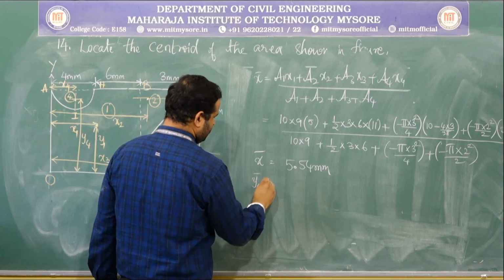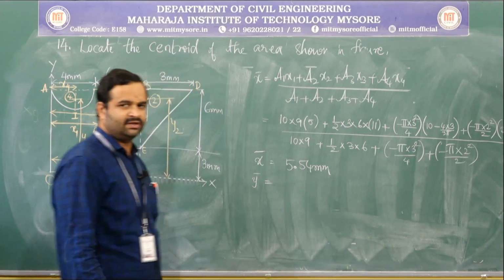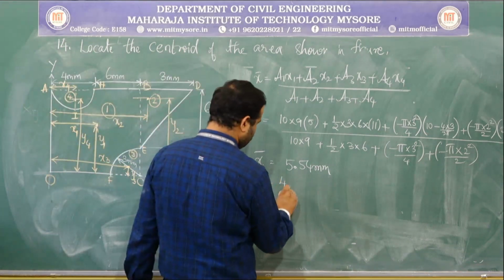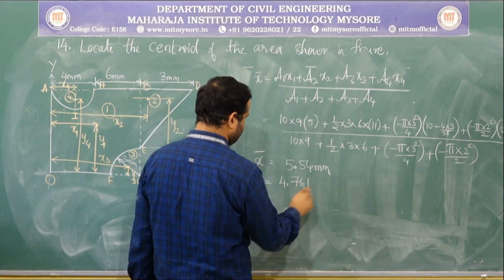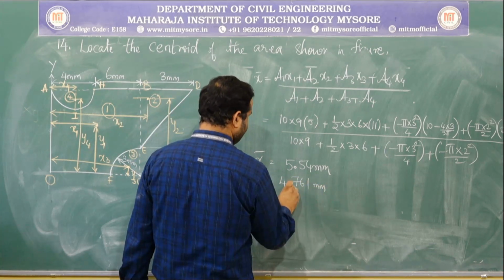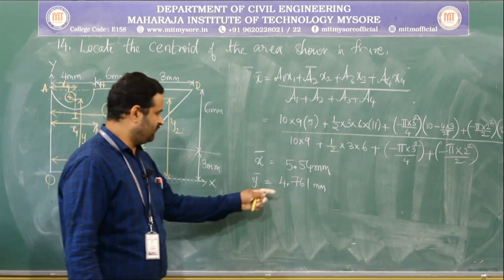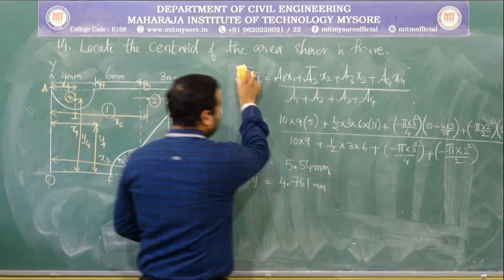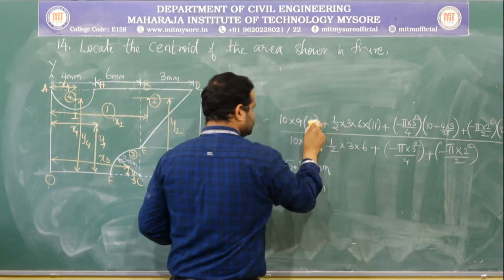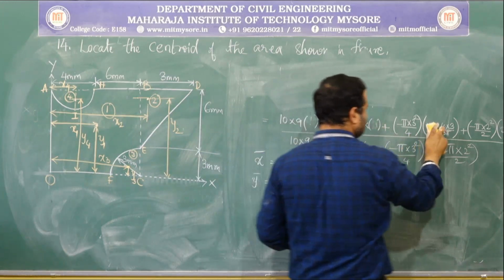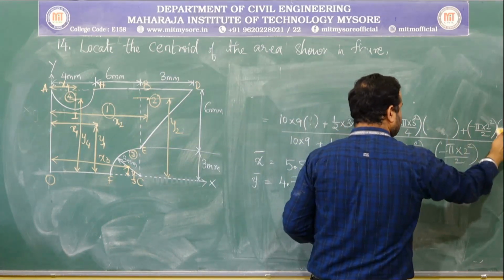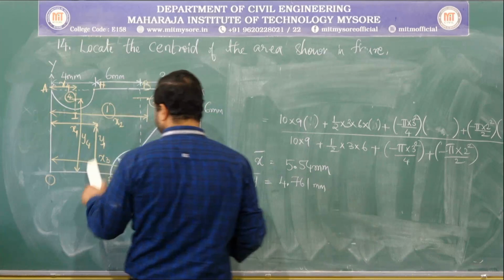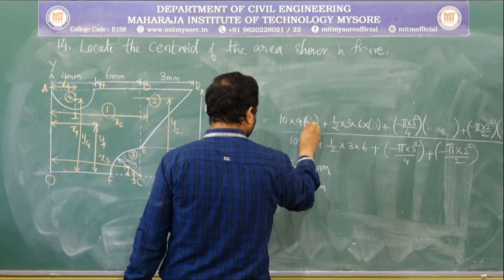Similarly, on substituting the values of y1, y2, y3, y4, we get y bar equal to 4.761. Okay. If you have a doubt how this 4.761 was obtained, let me change these x values to y's, then we will be able to calculate it easily. So what is y1? y1 is nothing but half of 9, 4.5.